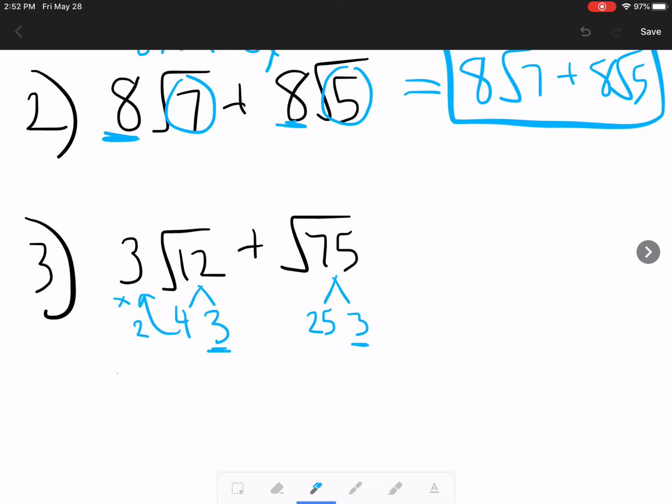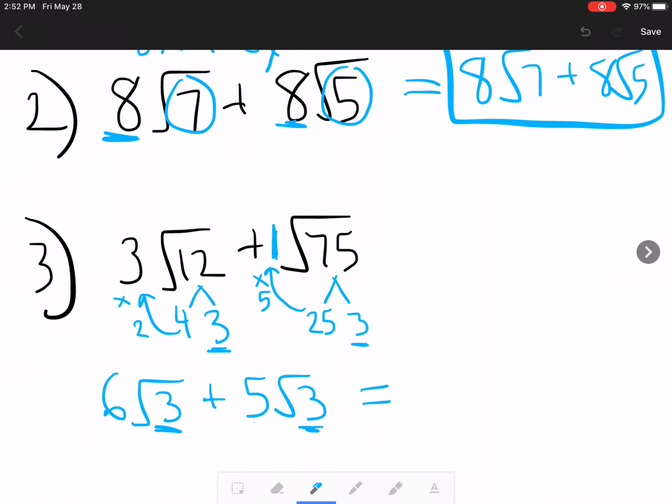So I will have 6 root 3, plus here there's an invisible phantom 1. The 25 will come out as a 5 and multiply to that 1 to give me 5 root 3. Now, taking a look at my numbers, the radicals are the same, so I can combine them. 6 plus 5 is 11 square root 3. And that's as far as I can take that one.